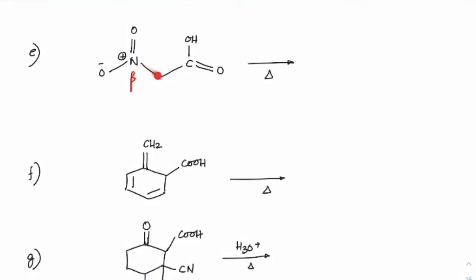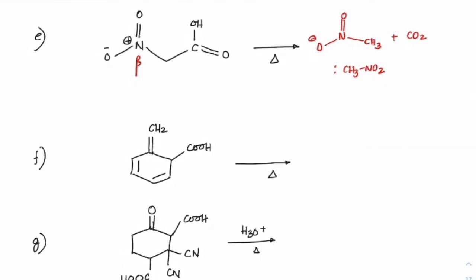After that again the tautomerization takes place, so we will get O minus N double bond O and CH3, that will be the final product plus CO2, or in short I'll write this as CH3NO2. Here also removing CO2 will give a double bond here, this will become CH3, so we'll get toluene.